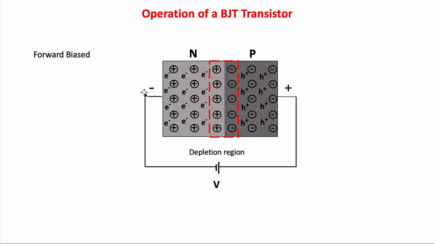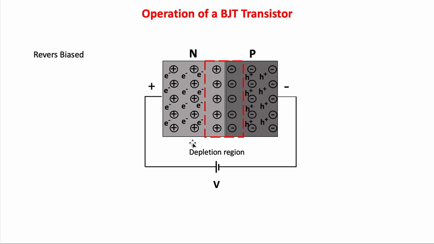From the negative end, the electrons are also pushed towards the junction. As a result, the depletion region decreases, allowing electrons to flow from the N-type region into the P-type region very easily.